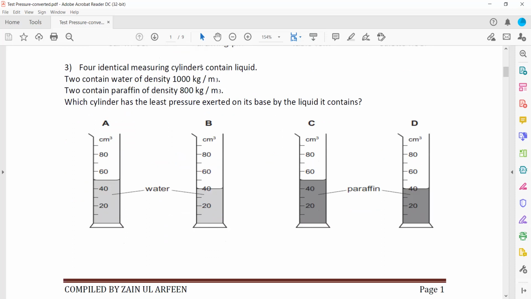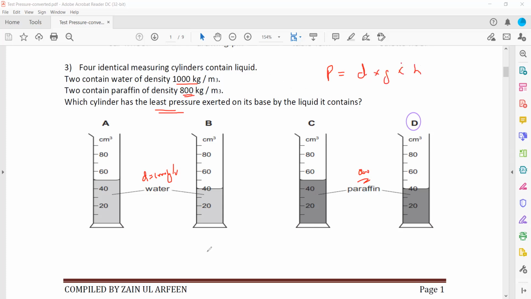Four identical measuring cylinders containing liquid. Two contain water of density 1000, and two have paraffin, density of paraffin is 800. Which cylinder exerts the least pressure? Because we know pressure exerted by the liquid depends on the density, gravity and depth.